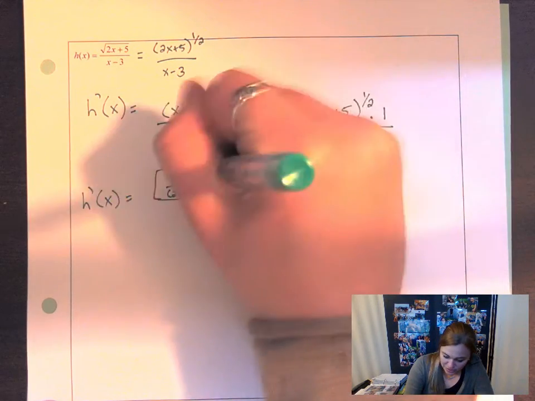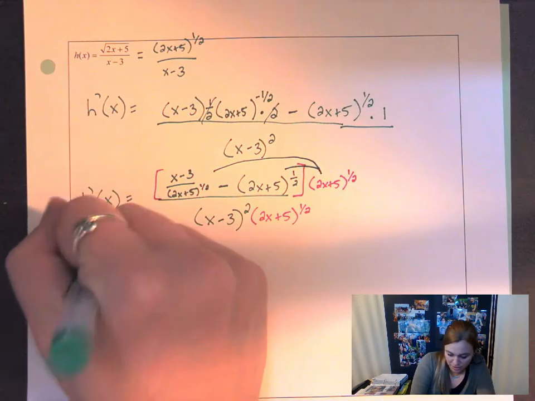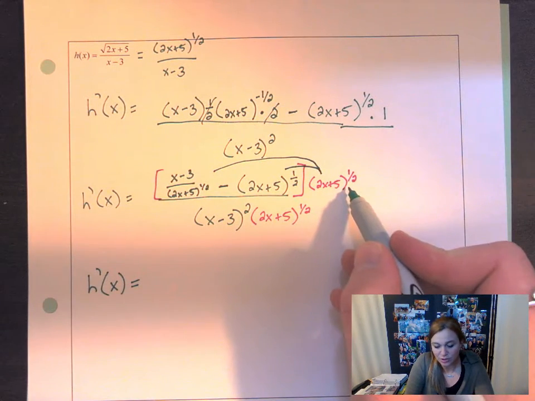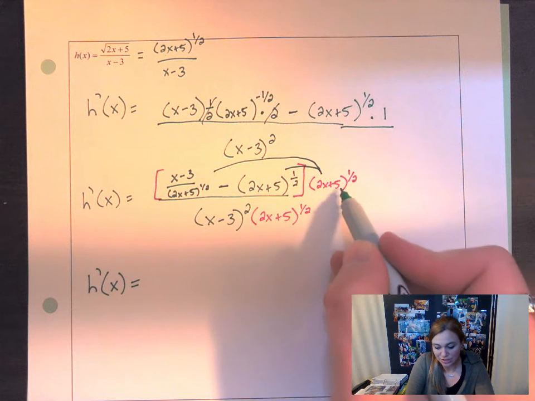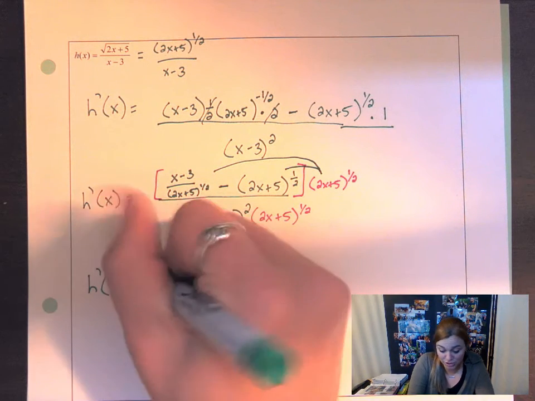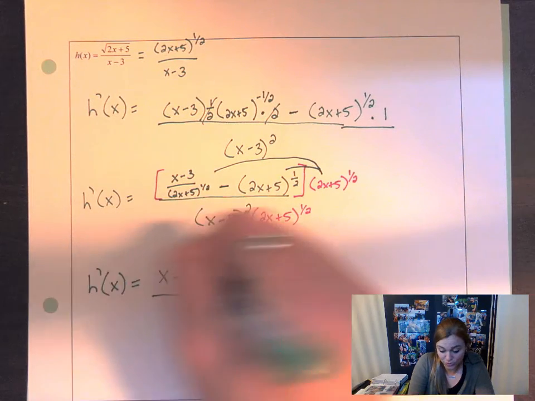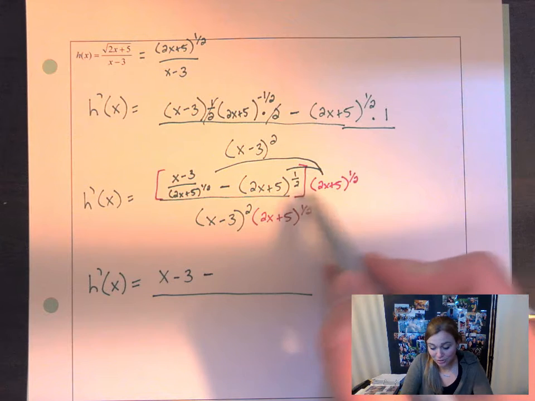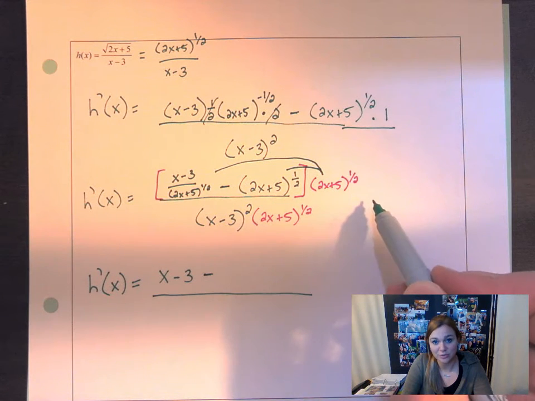I'm going to distribute this. I have h prime of x equal to 2x plus 5 to the 1/2 power, and if I distribute this, they would just cancel out. The 2x plus 5 to the 1/2 divided by 2x plus 5 to the 1/2 would just be x minus 3 would be the only thing left over. Minus, here, 2x plus 5 to the 1/2 times 2x plus 5 to the 1/2.